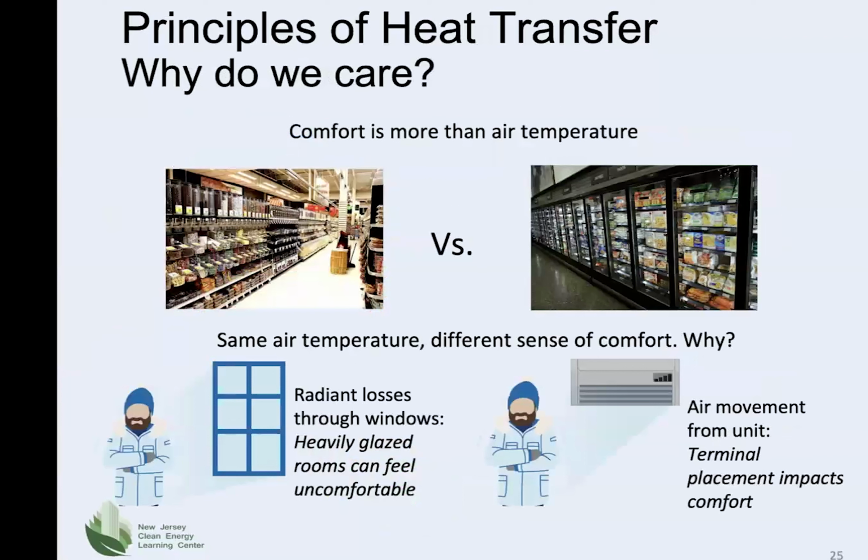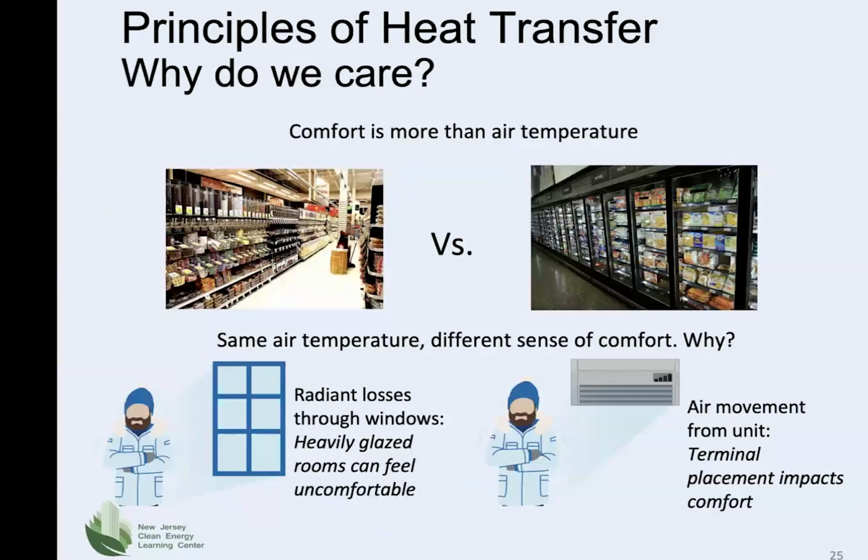This example illustrates how comfort is impacted by more than air temperature. When we surround ourselves with cold surfaces and objects, body heat is lost to those surfaces, making us feel cold. To achieve comfort in rooms that are heavily glazed or poorly insulated, higher air temperatures and more heat are usually required.